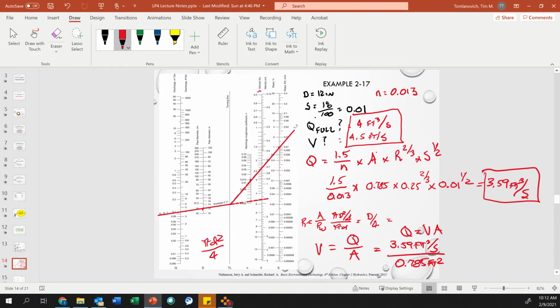So 3.59 divided by 0.785, and I get 4.6 feet per second. Pretty close to the same answers. See how quick the nomograph was? You should be able to do both. Okay, that was 2.17.